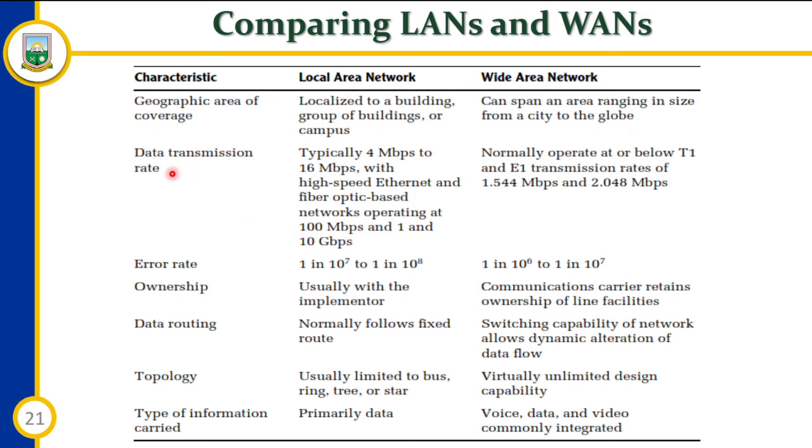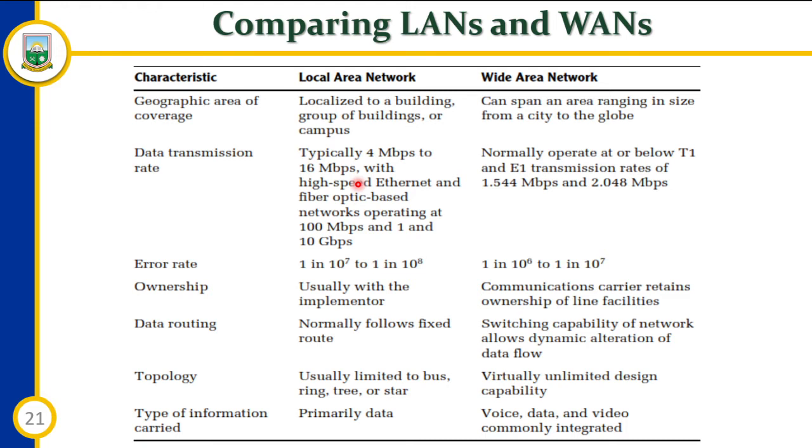In terms of data transmission rate, typically the local area network has 4 megabits per second to 60 megabits per second in terms of the data rate.